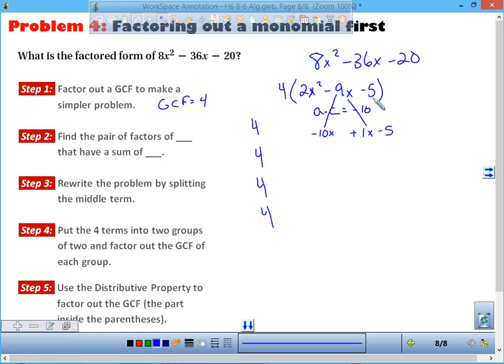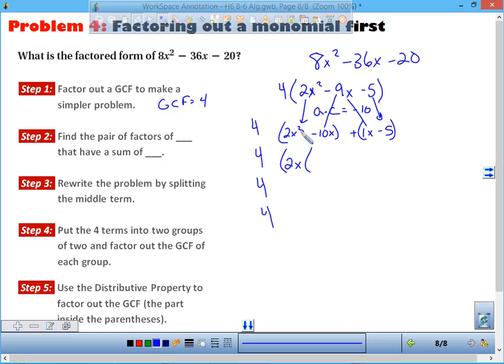Then I bring the other two parts down, and I have my 4-term polynomial. Now I find the GCF of the first part and the GCF of the second part. The GCF of the first two is going to be 2x, because I can take an x out of both of them.